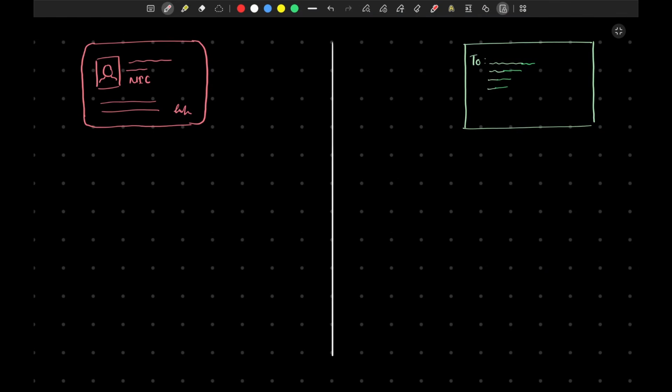Let's understand the concept of MAC addresses and IP addresses with a real-life analogy. Let's say we need to send a letter to one of our friends. We write the letter, put it in a letter cover, and then we write the NIC, National Identity Card number.